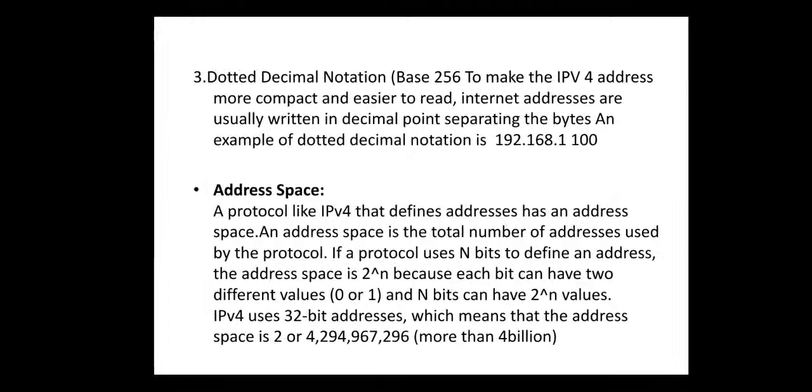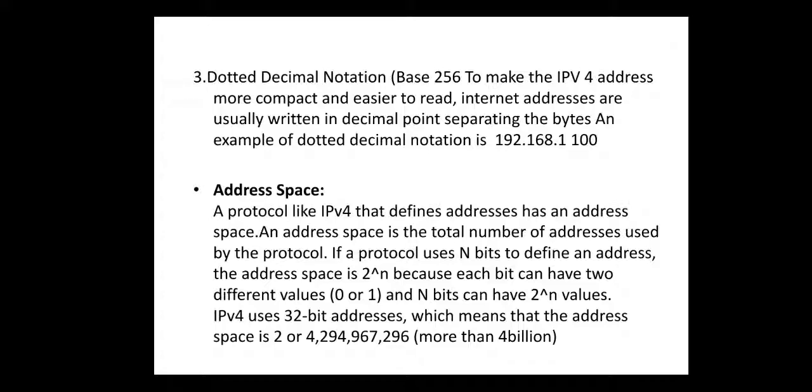Okay, next one is address space. The next concept is address space. A protocol like IPv4 that defines the addresses has an address space. An address space is the total number of addresses used by the protocol.